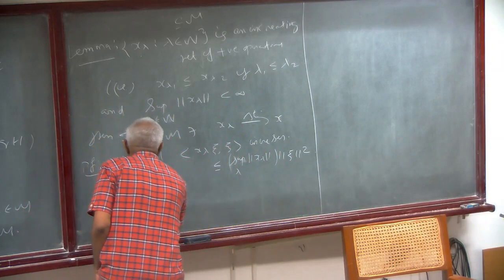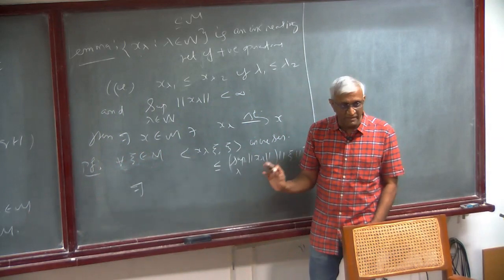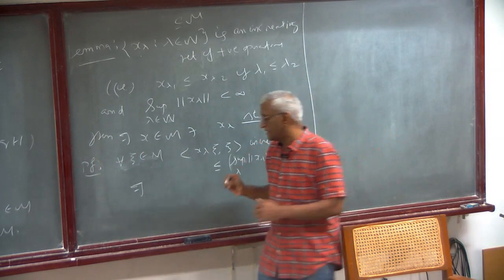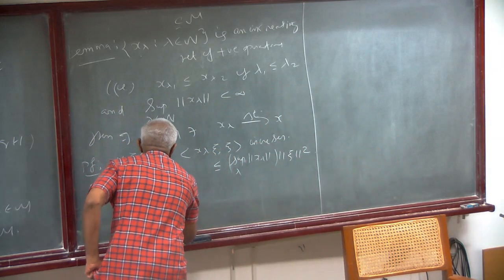So there exists a limit for this. For each z, there exists a limit. By the polarization identity, you have a limit for each inner product of x lambda xi with eta.